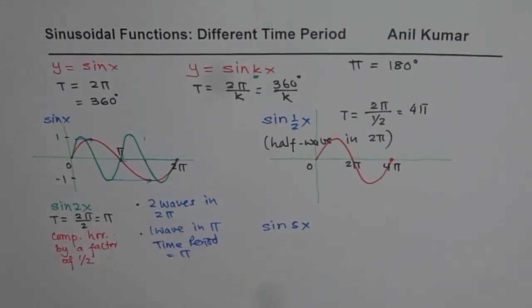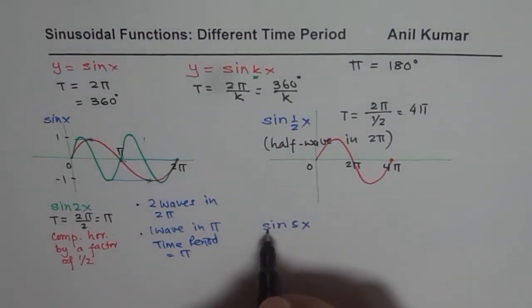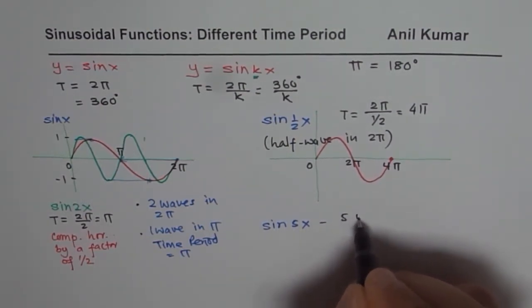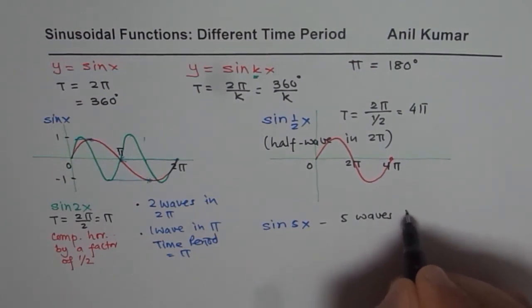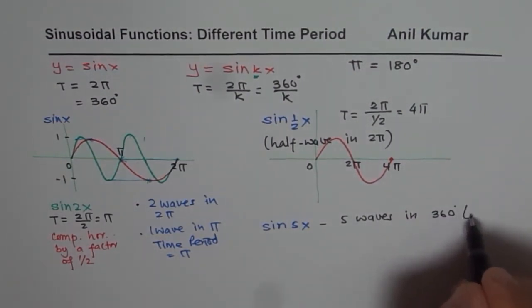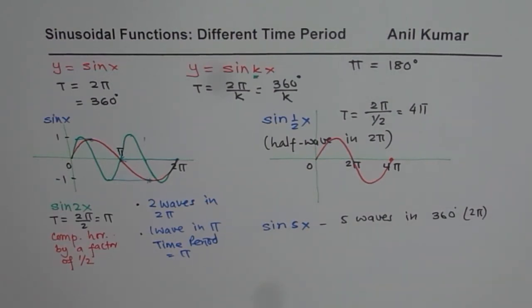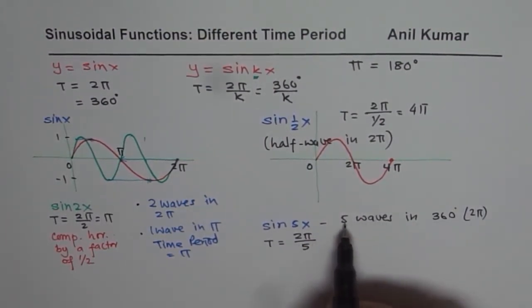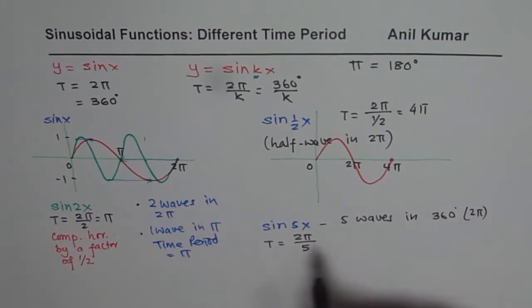That's very important. So going with this reasoning, sine 5x means what? It means 5 waves in 360 degrees. Do you understand? Or 2 pi radians. That is what it means. And it also means that the time period of this wave will be equal to 2 pi divided by 5. And therefore you can have 5 waves in 2 pi, correct?